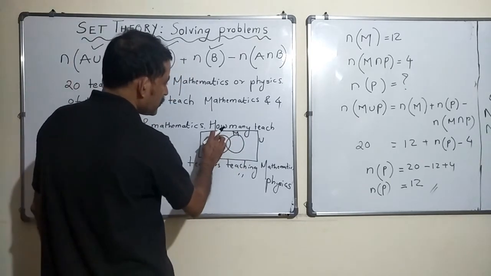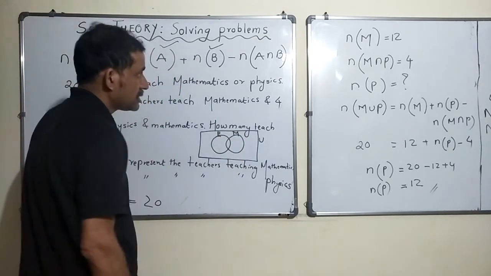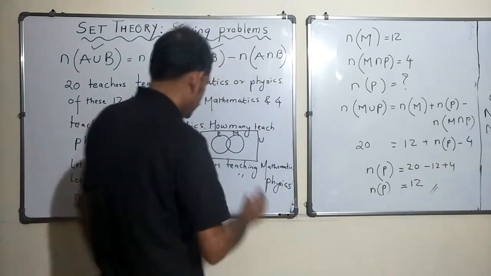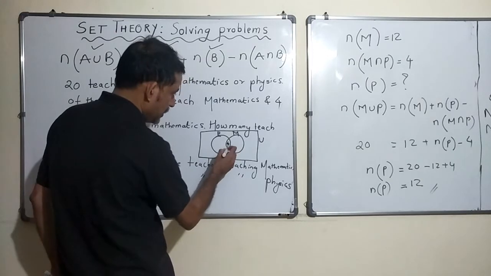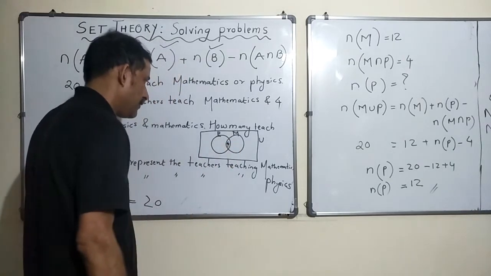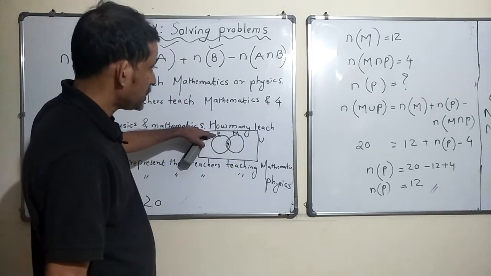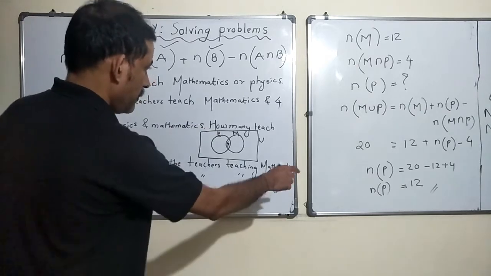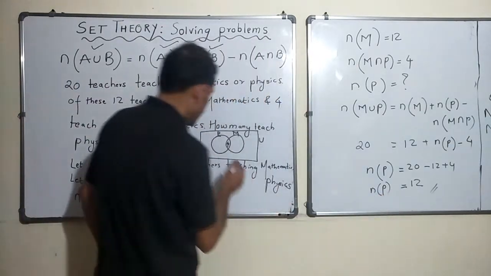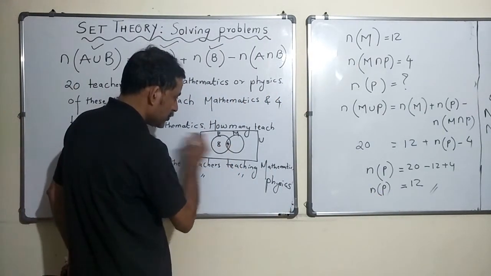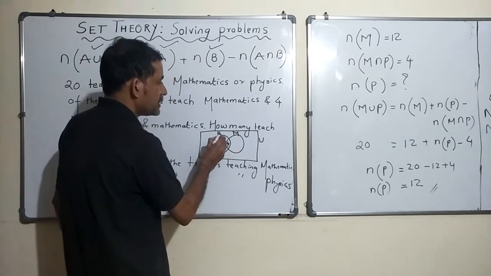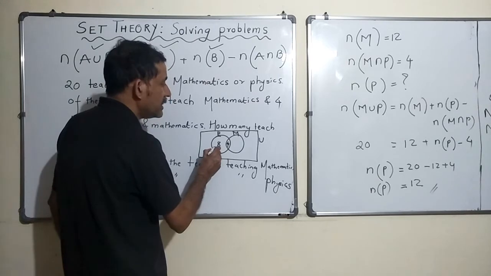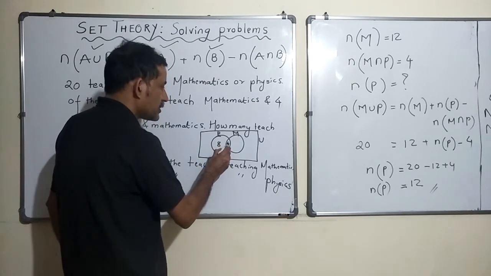The number of teachers who teach both physics and mathematics is 4, so this intersection is 4. The number of teachers who teach physics, which we found to be 12, but 4 are already in the intersection, so this would be 8. So 8 plus 4 would be 12, right? The number of teachers who teach physics are those who exclusively teach physics plus those who teach physics along with mathematics.